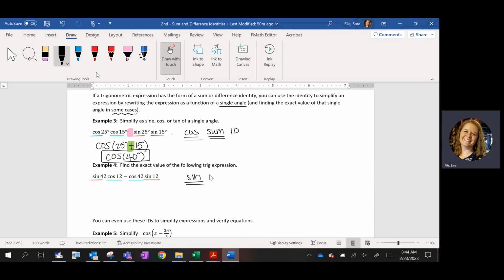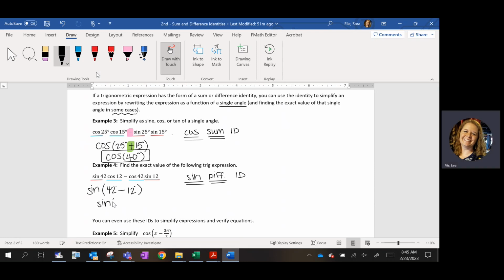So this is the sine difference identity that we're going to use here. So it's sine, and the angles are 42 and 12. And we're doing the difference. So 42 minus 12. This one's in degrees. What is 42 minus 12?